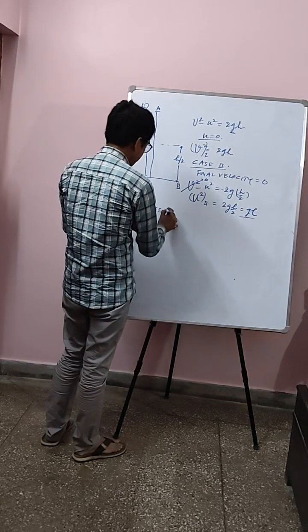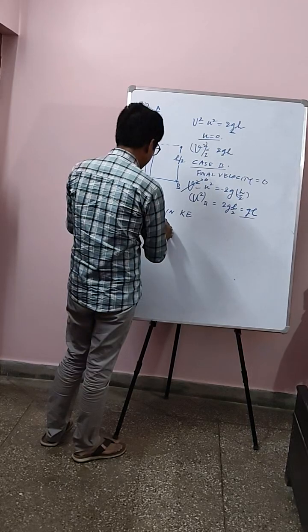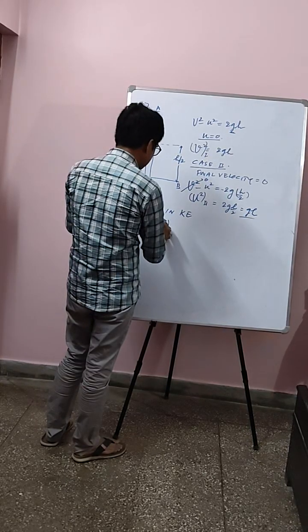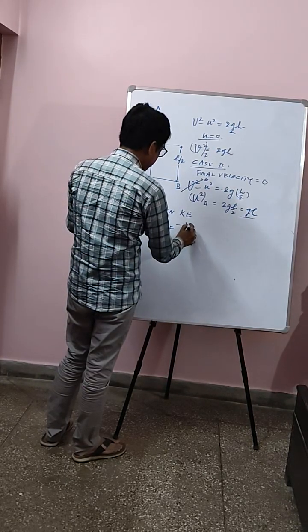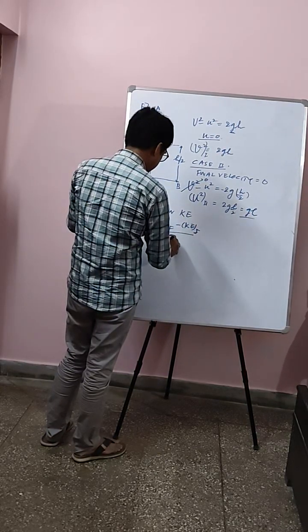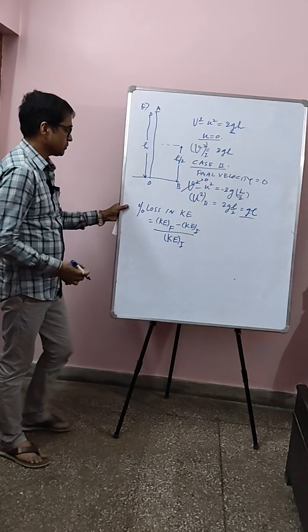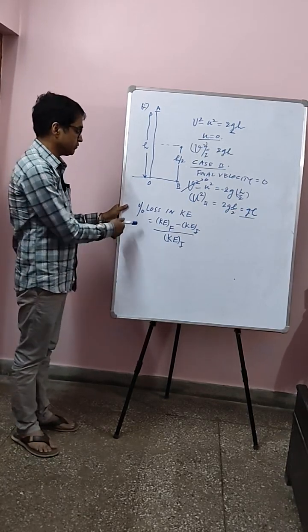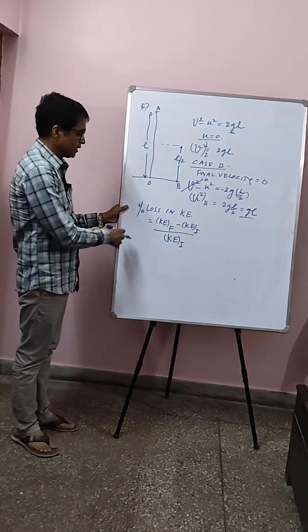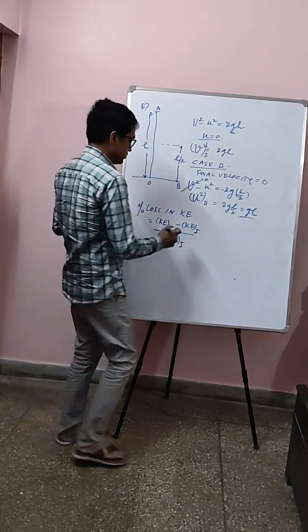Percentage loss in kinetic energy equals kinetic energy final minus kinetic energy initial, divided by kinetic energy initial.